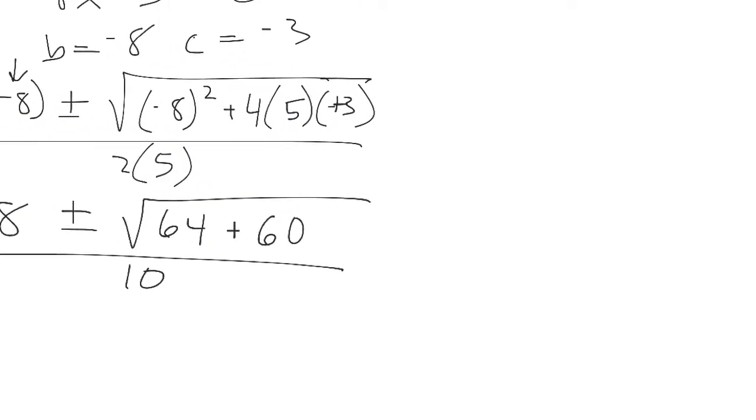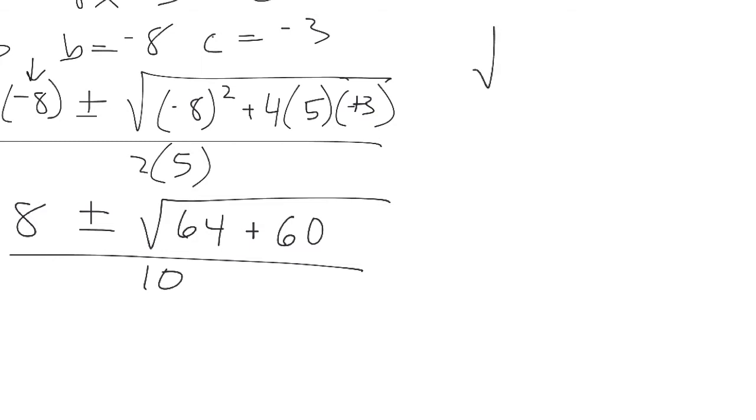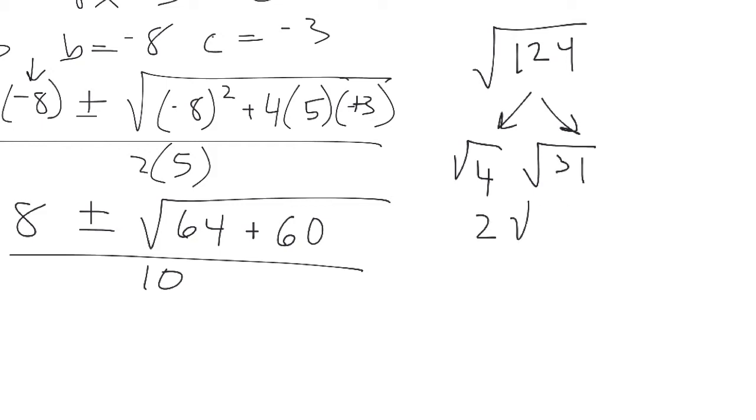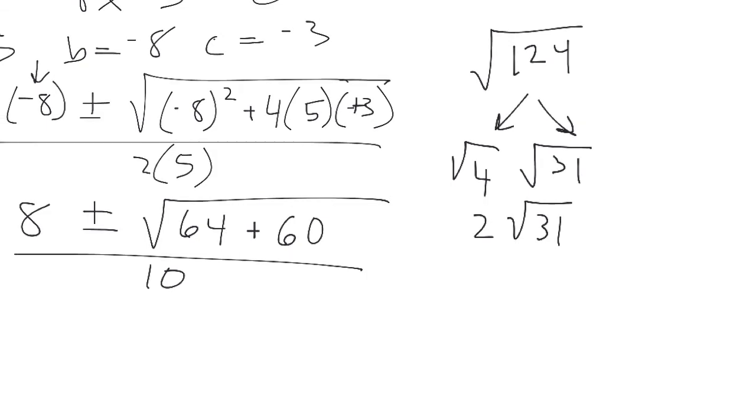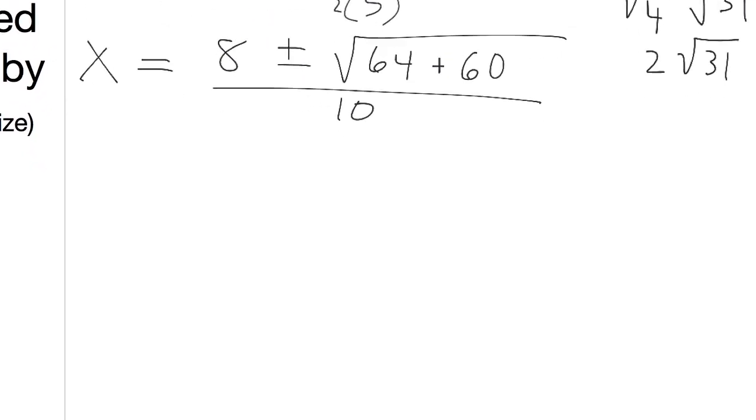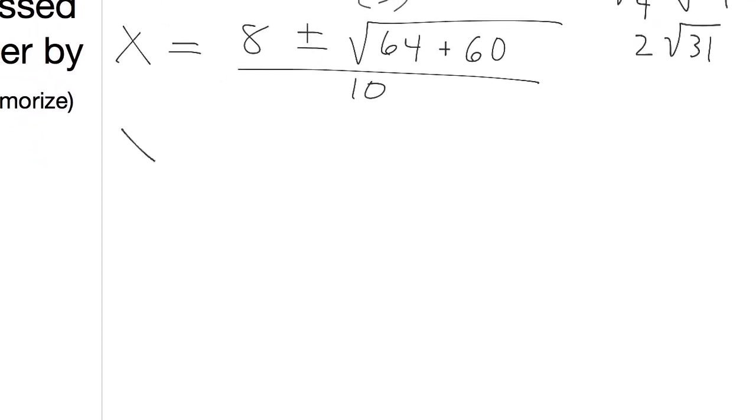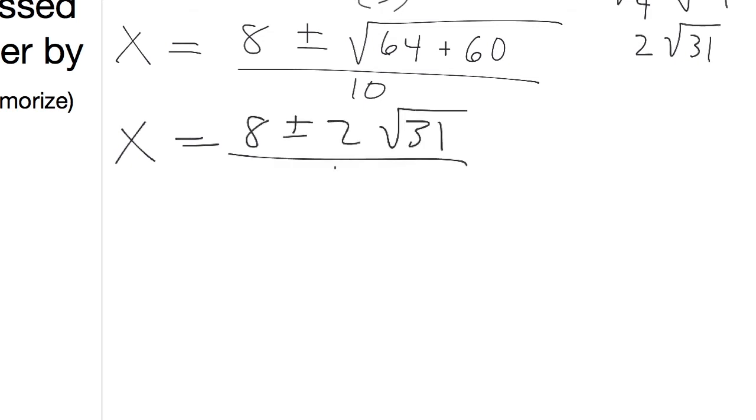I'm going to do some side work and say that 64 plus 60 is 124. You can split that up. You can simplify that into the square root of 4 times the square root of 31, and that's just 2 root 31. So therefore, you simplify your answer to get 8 plus or minus 2 root 31 over 10.